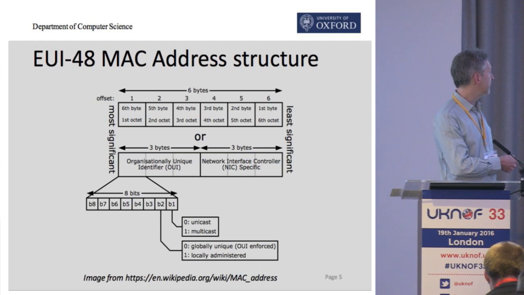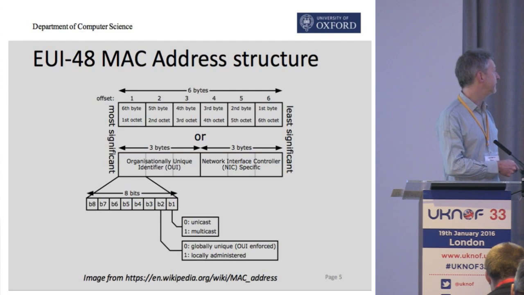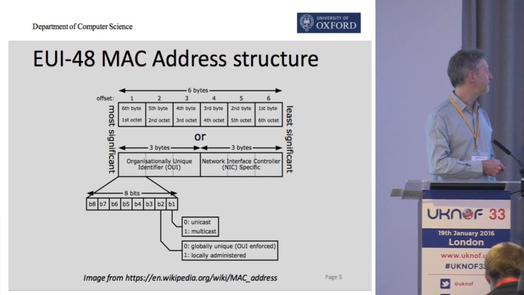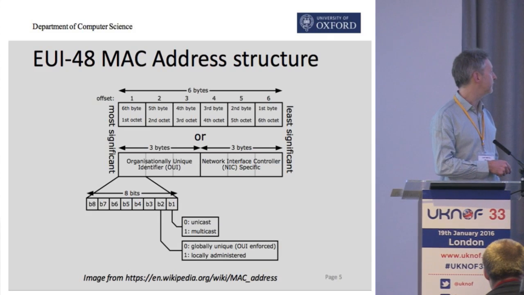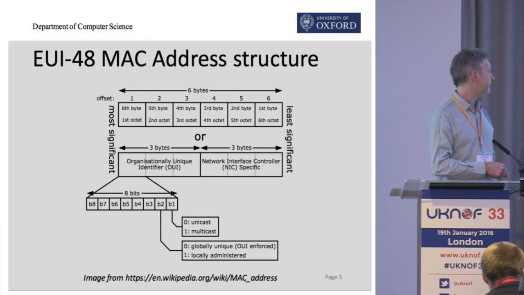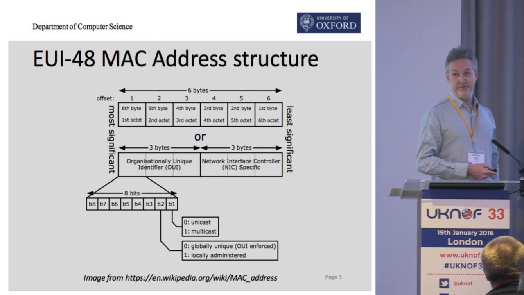So this is the basic structure of the typical organization you get, where you have the OUI bit, which identifies the manufacturer, and then this part rotates, and in theory all of the bits of hardware have different numbers. And then in the very first byte of the OUI, you've got two flag bits. One is unicast, multicast, but the other one is the local admin bit, as it's called.